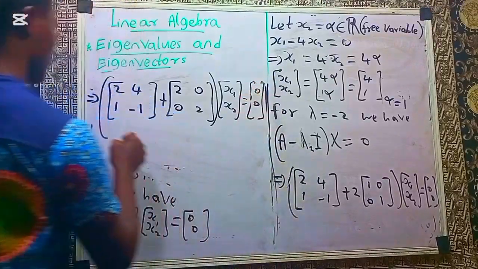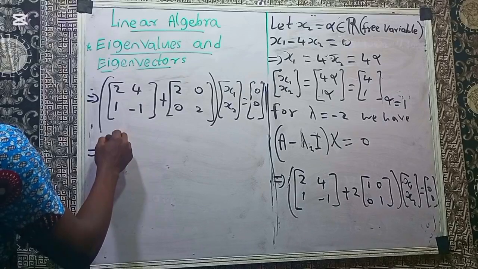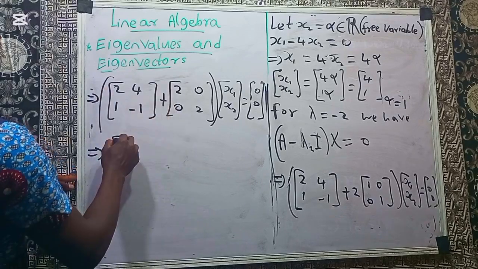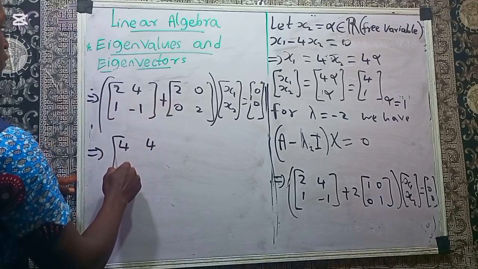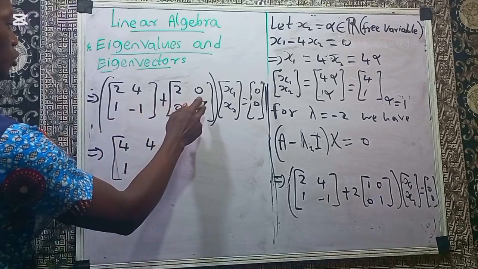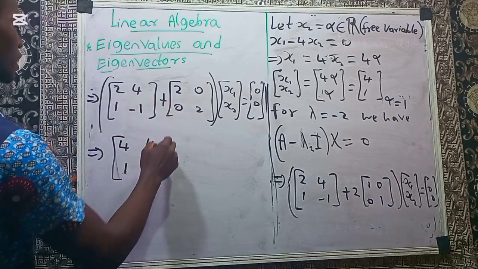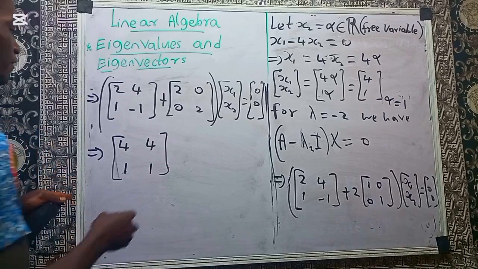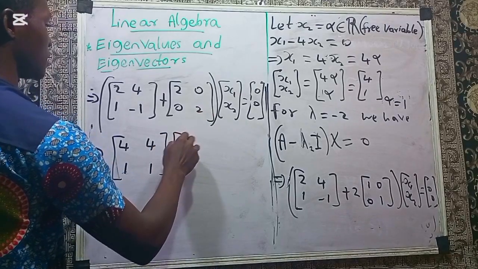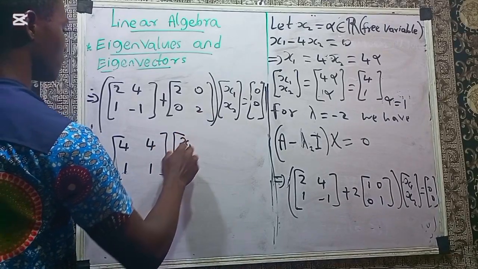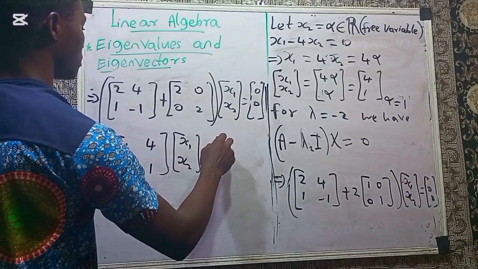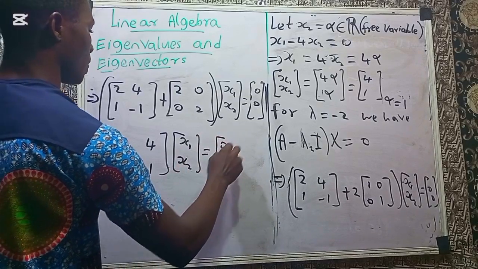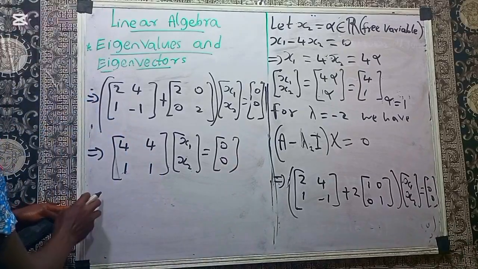So this is what we have. We can add: 2 plus 2 is 4. 4 plus 0 is 4. 1 plus 0 is 1. Negative 1 plus positive 2 is positive 1. So with this we have added, multiplied by this column vector equated to the 0 matrix.